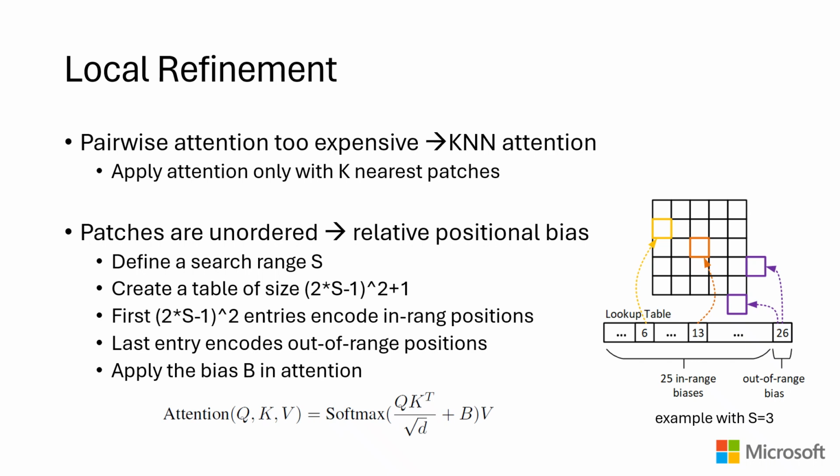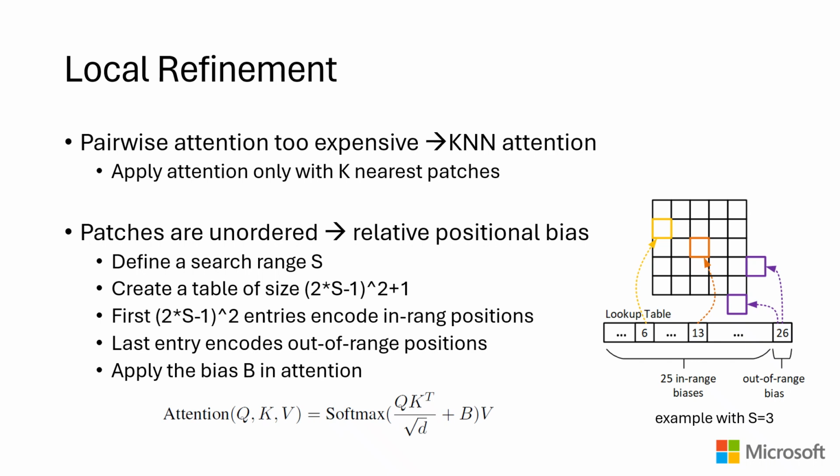We found that setting k to a very small value, such as 8, already works pretty well. Also note that our patches are unordered. Feeding them to the attention module without any positional encoding gives suboptimal results. Therefore, we introduce a scheme to encode the relative positions across patches.